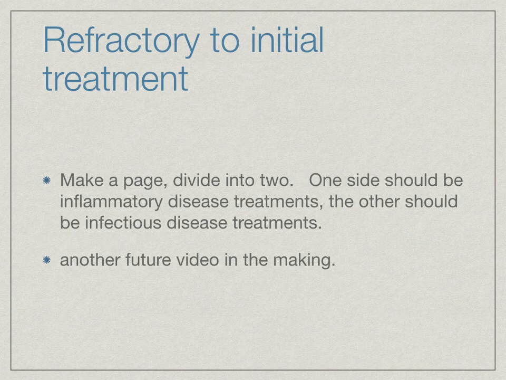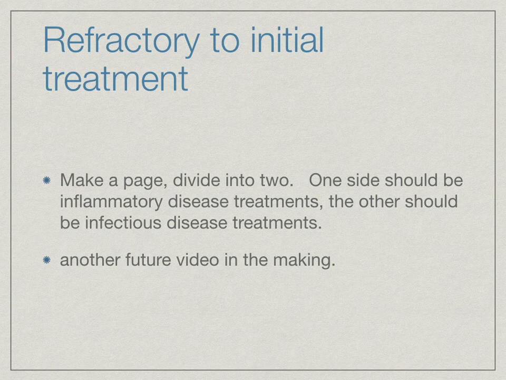The fourth case is the patient is refractory to initial treatment. So when I say that, I also mean that the patient could get worse or develop some other problem. So I want you to take a sheet of paper and divide it into 2, make it asymmetric.